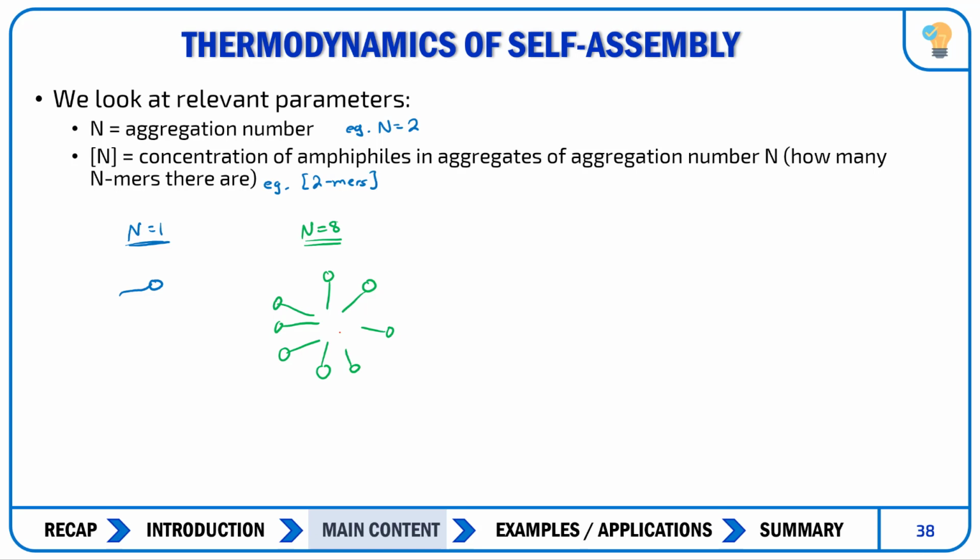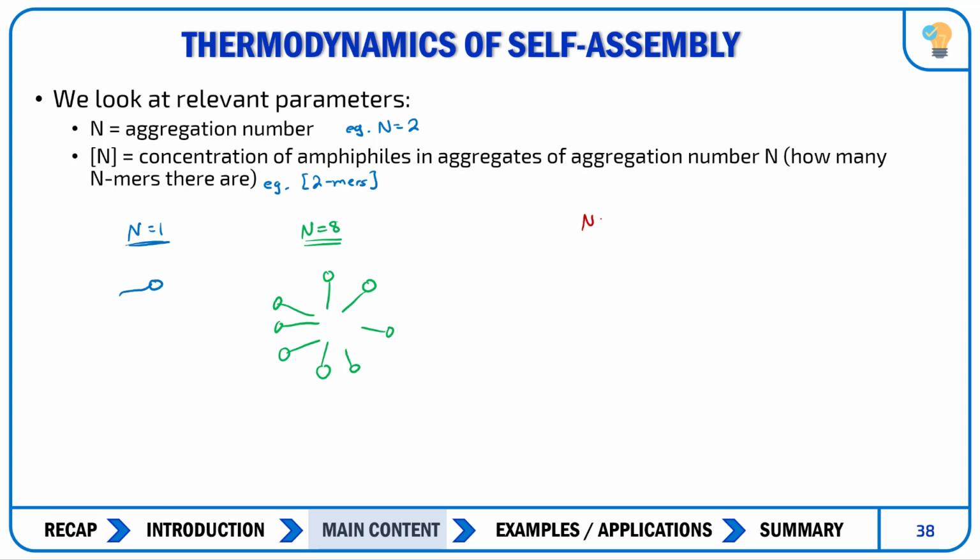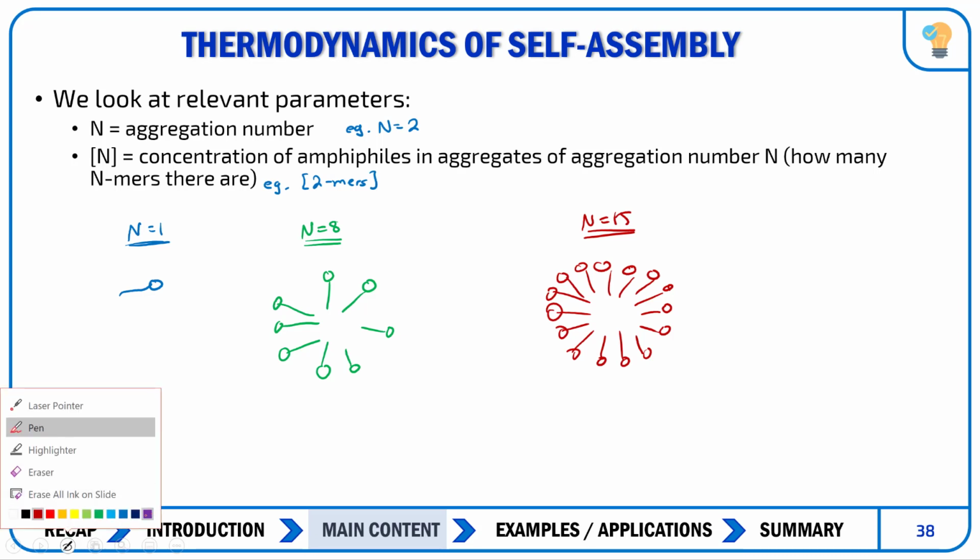So this would be n equals 8, and then you can have n equals 15 as another example. Something like this. So for each of these, I would be able to figure out the aggregation number for each of the structures I'm looking at, but just from the diagram itself, I can also look at the concentration.